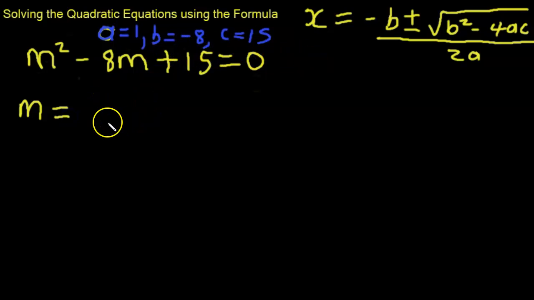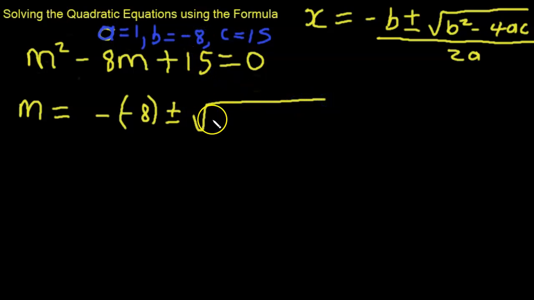Make our substitution, so we have minus b, and what is b? Negative 8, so it's minus the b value, and the b value is negative 8, plus or minus the square root of b squared.